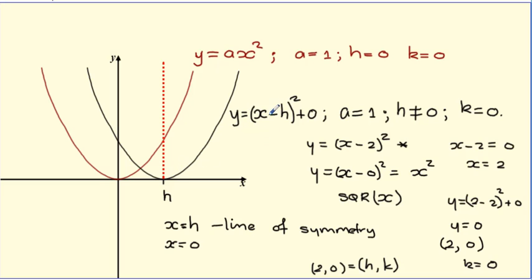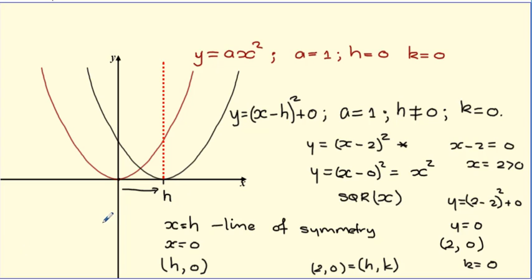When the graph has been translated this way and k is 0, our turning point will simply be (h, 0), considering any h different from 0. So what has happened here, you can see the 2 is positive. The graph has been shifted to the right, and we call that a horizontal shift to the right. That is the motivation for using h there.